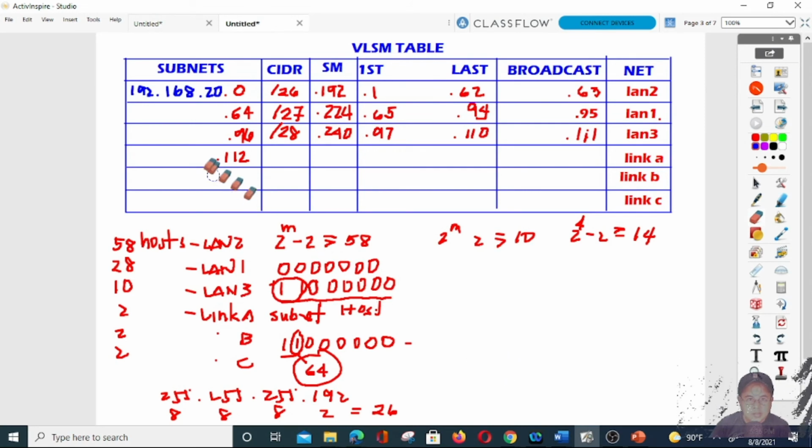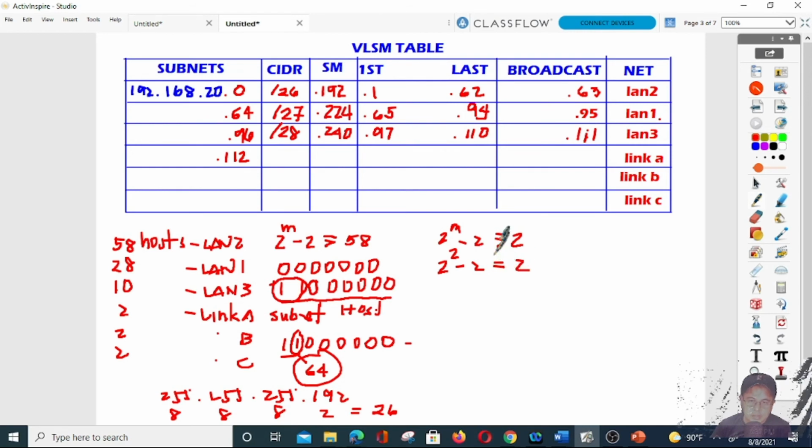Our last subnet is 112. So what will be the increment? The increment will be based on the next subnet that we're going to get. So 2 raised to m again. Oh, no need to write again. We need 2 hosts. So to satisfy this, 2 to the 2 minus 2 is equal to 2.